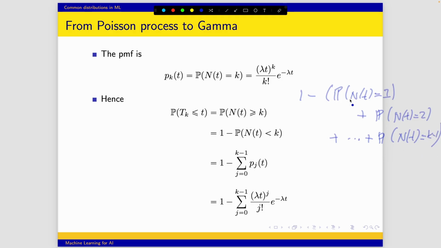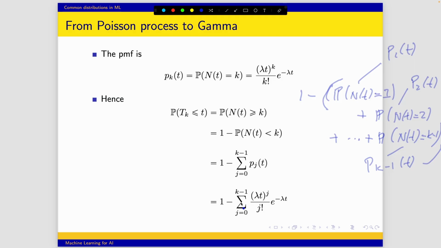So it's 1 minus the sum of all of these. So I need to close this bracket here. Now this is p_0(t), this is p_1(t), and this is p_{k-1}(t), the PMF. So we have 1 minus the sum from j equals 0 to k minus 1 of the PMF values.